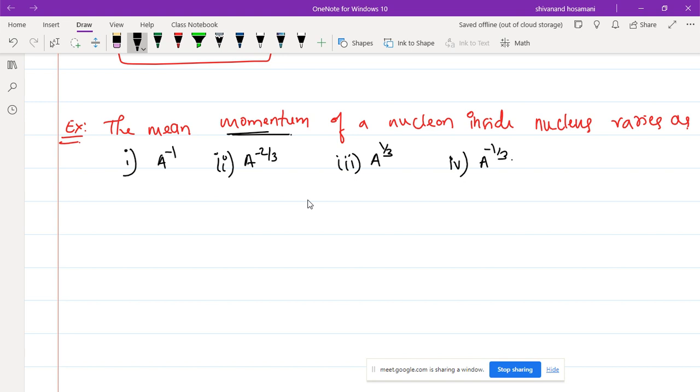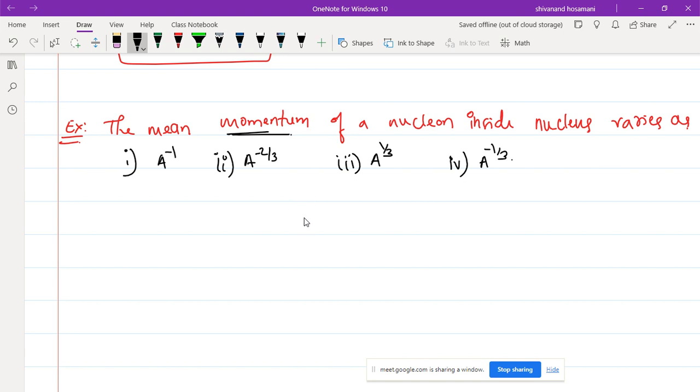They are asking momentum. What is the relation between momentum and some other things in the nuclear part? Anyone? So, in momentum they are asking.